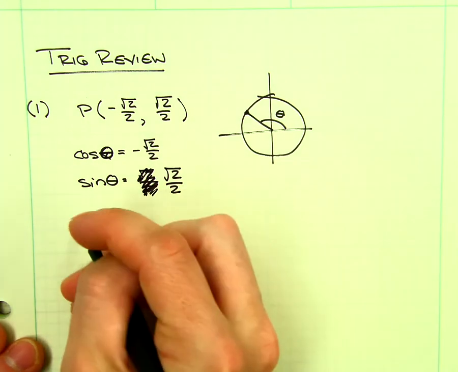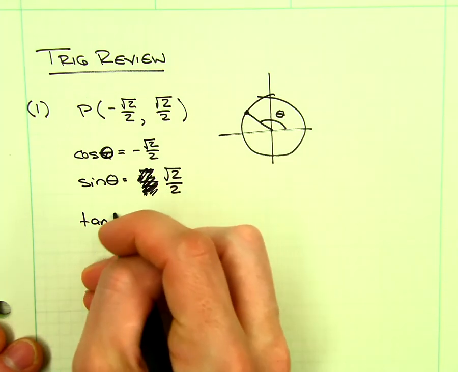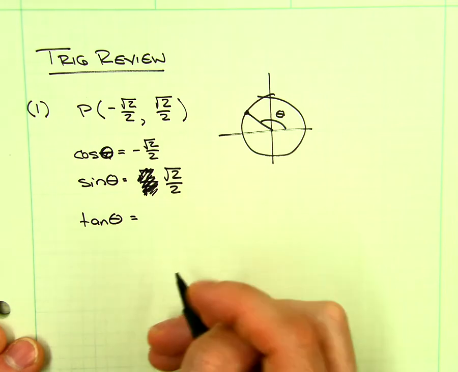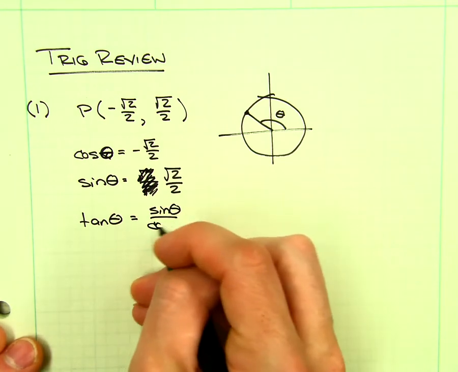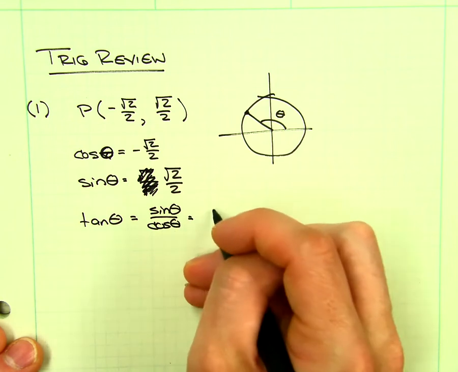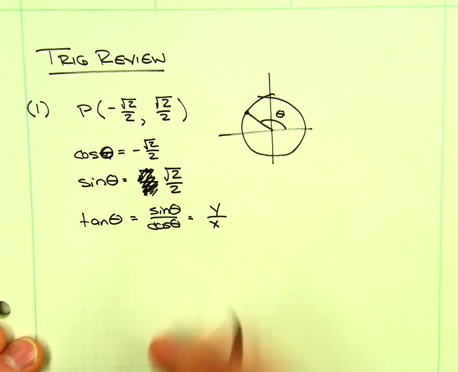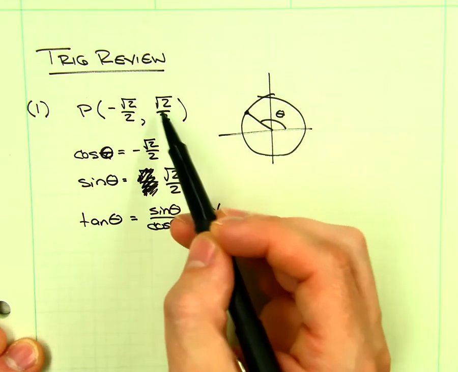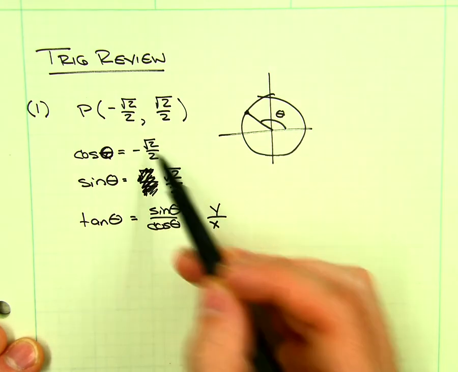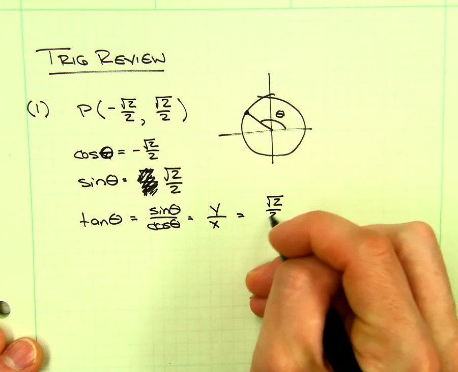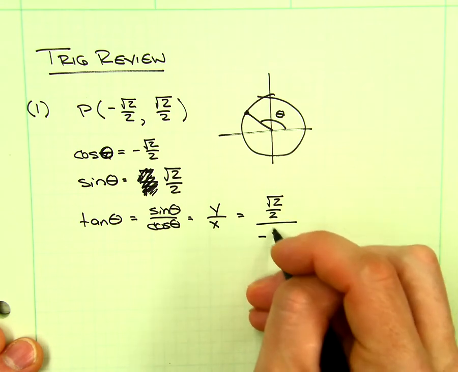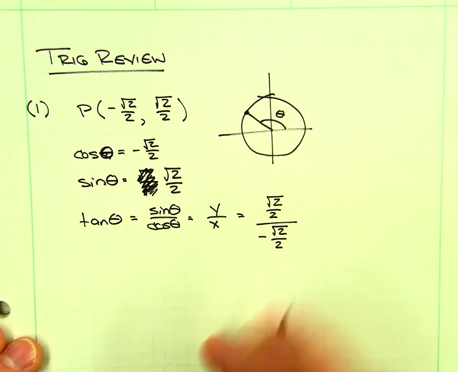Now the tangent value is not too much harder. I just need to remember that this is going to be either sine over cosine or y over x. It's going to be the same thing. I'll end up with square root of 2 over 2 divided by negative square root of 2 over 2.